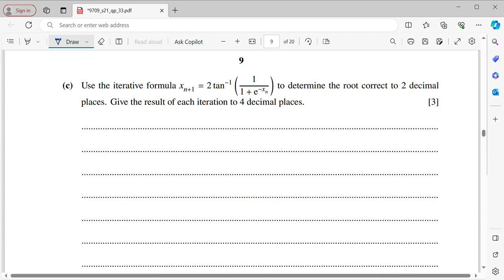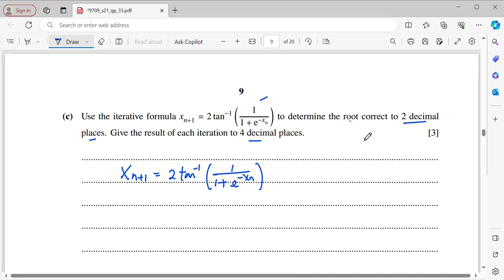Now C, use the iterative formula. This is the formula to determine the root correct to 2 decimal places. Give the results of each iteration to 4 decimal places. So x of n plus 1 equals 2 inverse tangent 1 over 1 plus e negative xn.